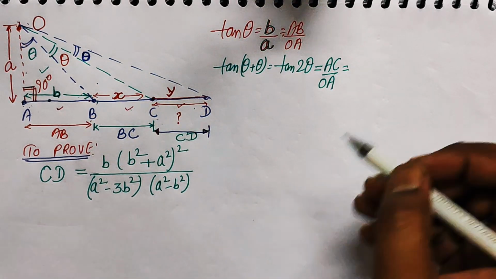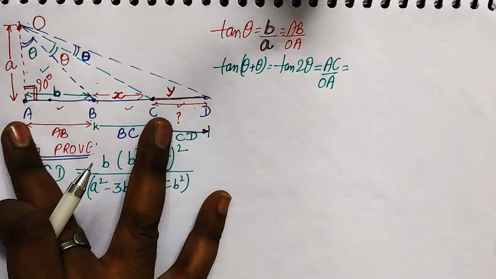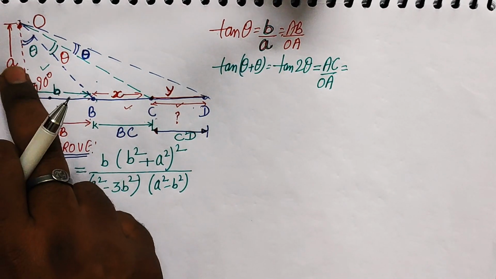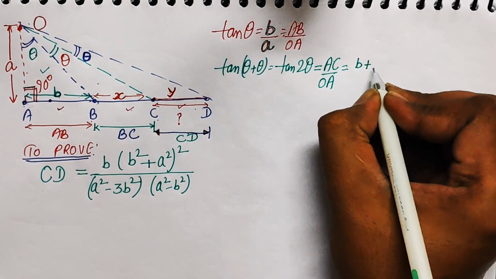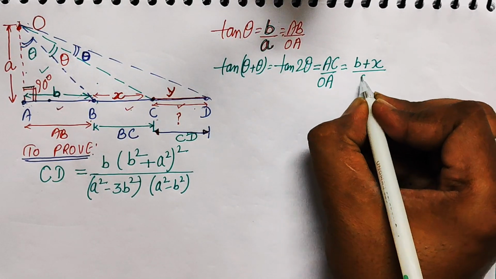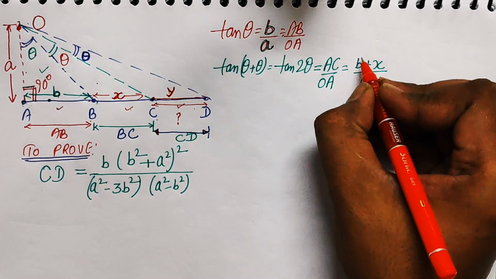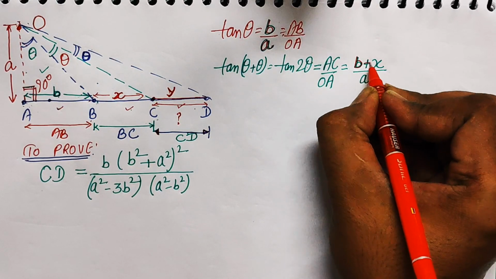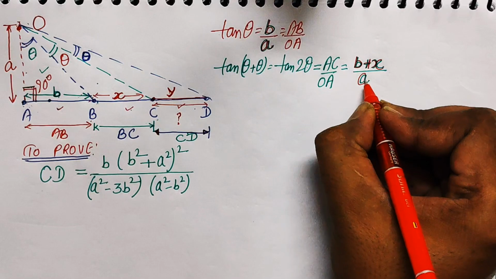Then from here we can write tan 2 theta equal to AC by OA, and AC is basically b plus x, divided by OA, which is small a. So tan of 2 theta is b plus x divided by a, right?